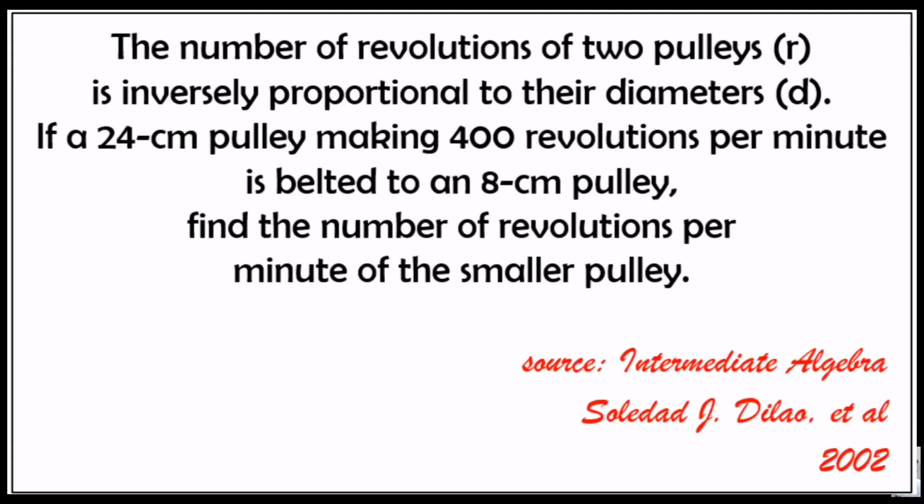Now let us have this problem. The number of revolutions of two pulleys, represented by letter R for revolutions, is inversely proportional to their diameters. If a 24 centimeter pulley making 400 revolutions per minute is belted to an 8 centimeter pulley, find the number of revolutions per minute of the smaller pulley.